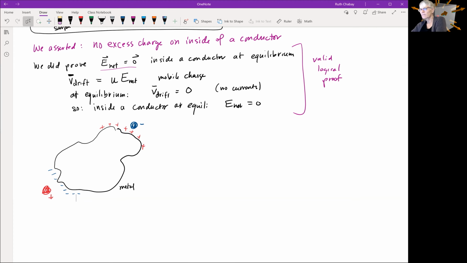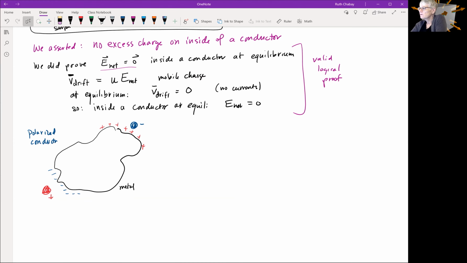So how can we prove that none of these charges are inside? So here's our polarized conductor. This is in 3D, of course; I'm drawing a cross-sectional picture here, but you can imagine a 3D blob.